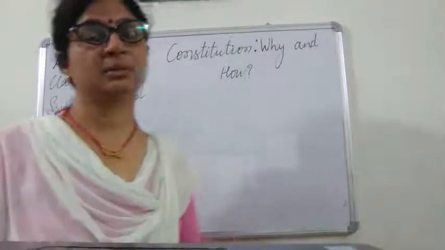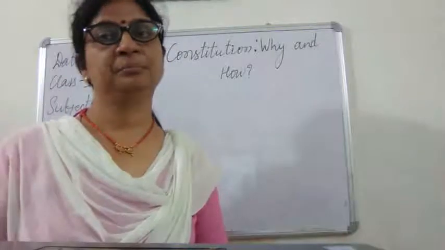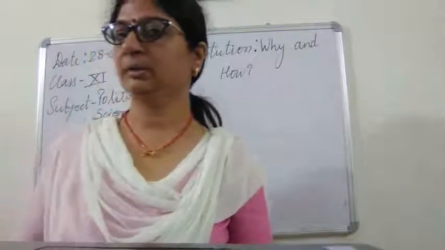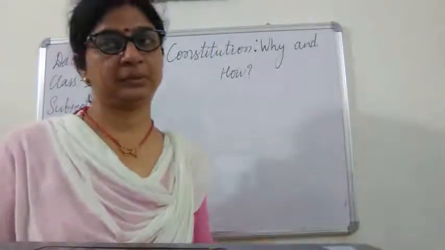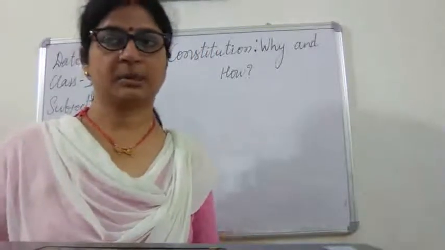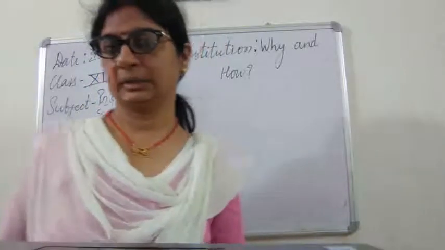So this is also specified by the constitution, and according to the nature of the constitution, the people who are the decision makers also change. Like in a monarchical system, the king is supposed to take decisions.